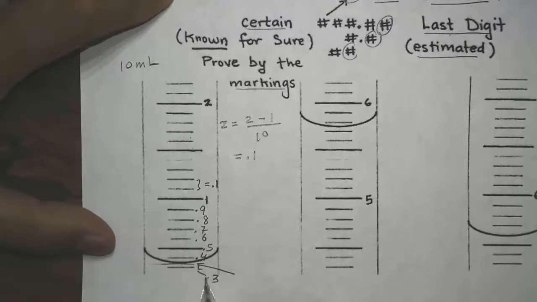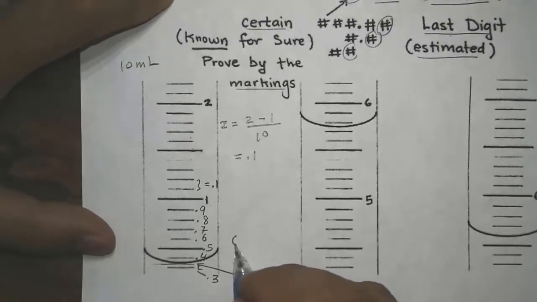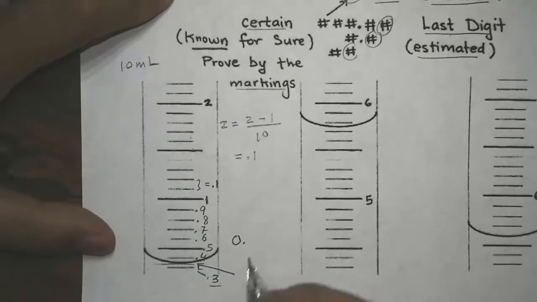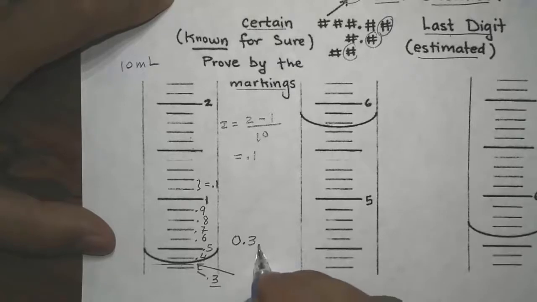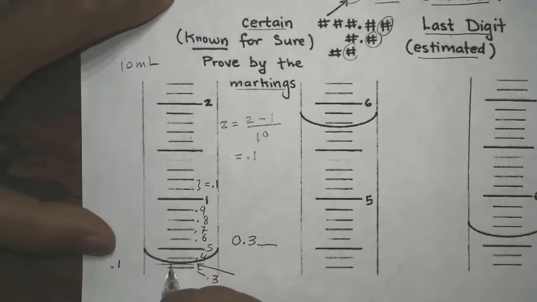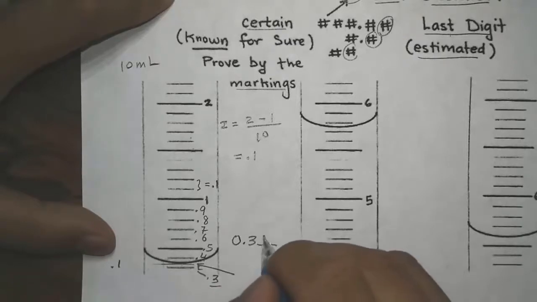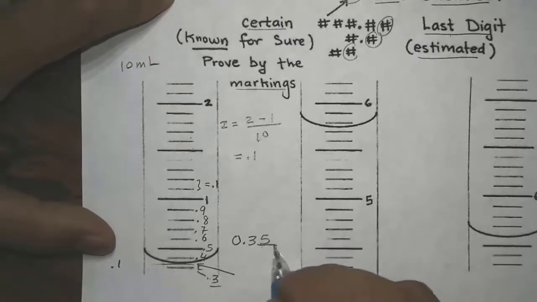So we know for sure that this must be 0 because this is less than 1, and we also know for sure that this is going to be 0.3 something. And lastly, we don't know what the value is right there because it's between 0.3 and 0.4. So again, each increment represents 0.1, and this is half of 0.1. That will give us about 0.05. And of course the unit is milliliter.